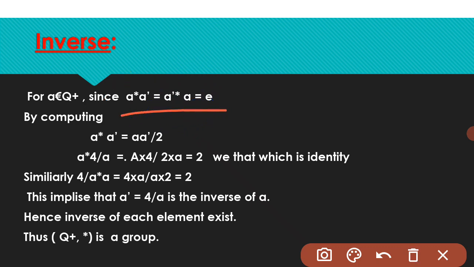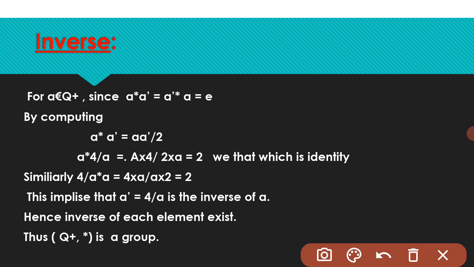This is the requirement for the inverse. So by computing A star A inverse, the given condition told us that A is multiplied by A inverse, and in the denominator we find 2 as defined earlier.